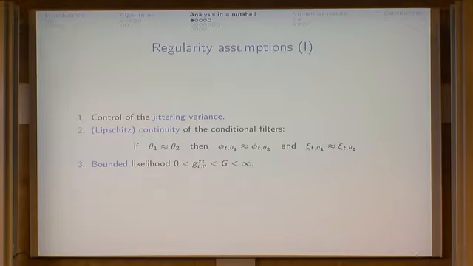And you have some bounds on the likelihood. This bound, well, it's not written here, I should have written this in a better way, has to be uniform in theta, okay? Not necessarily uniform in x at this point, but uniform in theta.